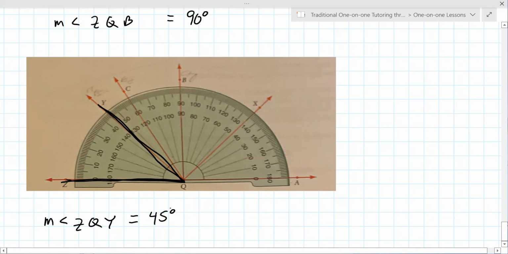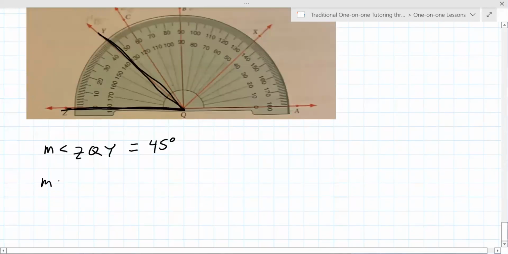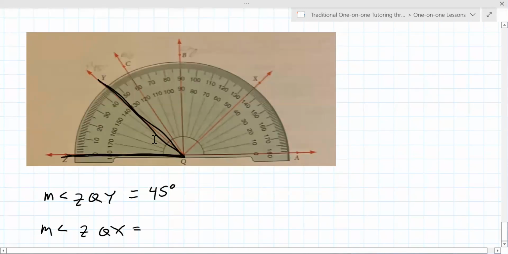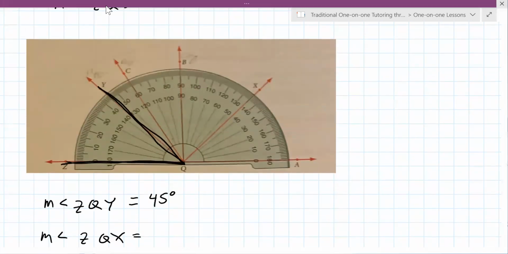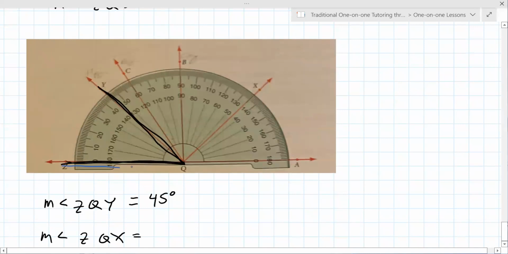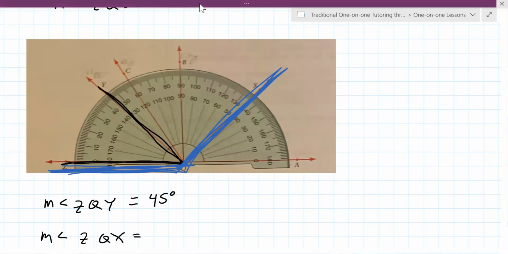Good. What is the angle measure now of ZQX? So we're on number 14, right? Yes. What is the angle measure of ZQX? I know what that is.